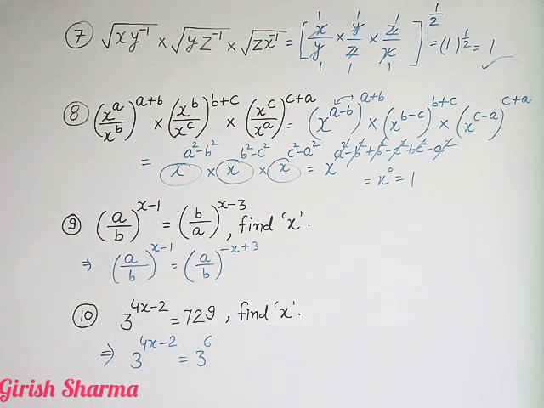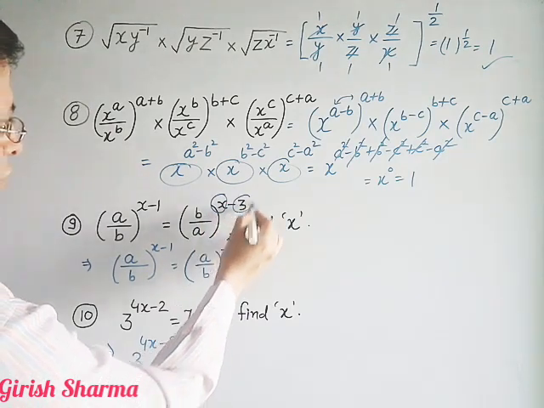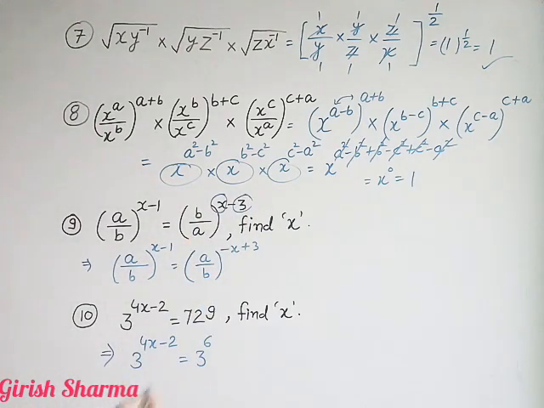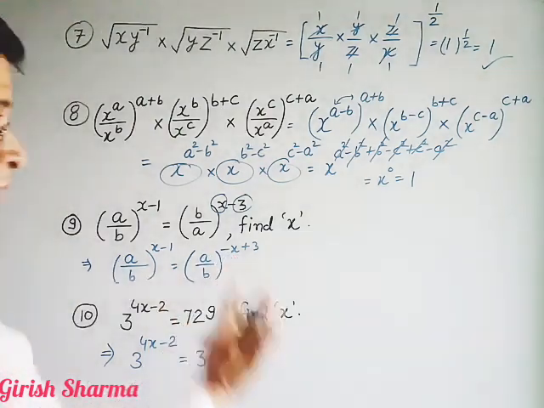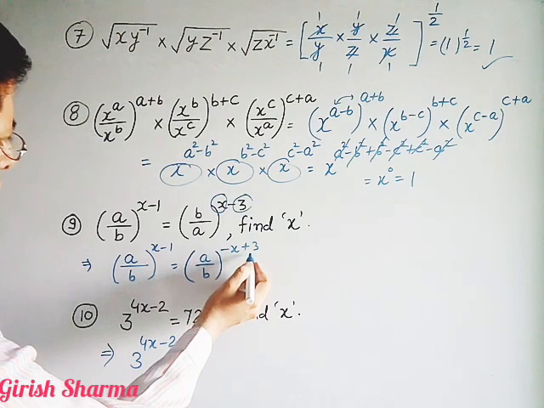Come on, see here in question number 9, a upon b power x minus 1, but here is given b upon a. So what to do? You take its reciprocal. By taking the reciprocal, this will convert to minus and this will convert to plus. This will convert to minus, then minus x plus 3.